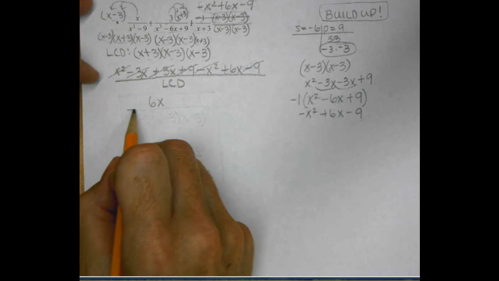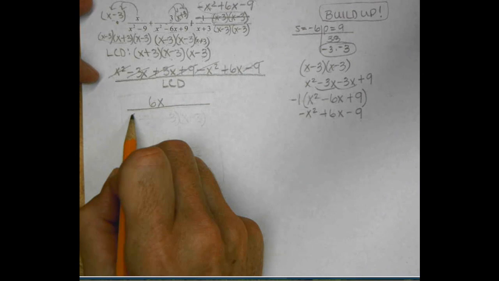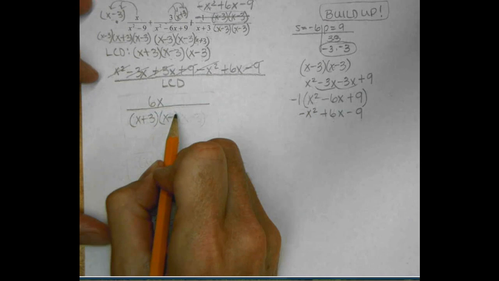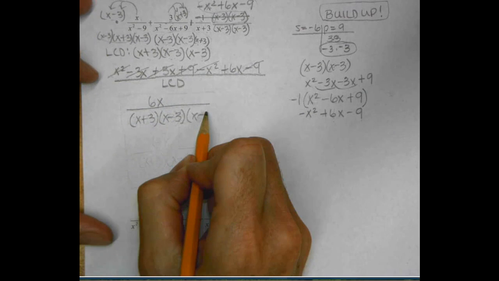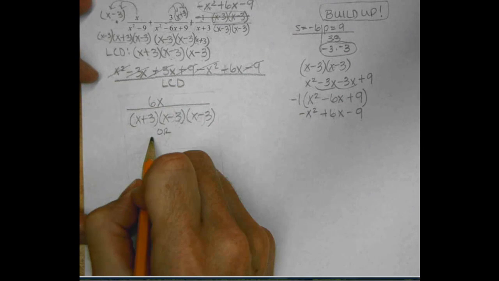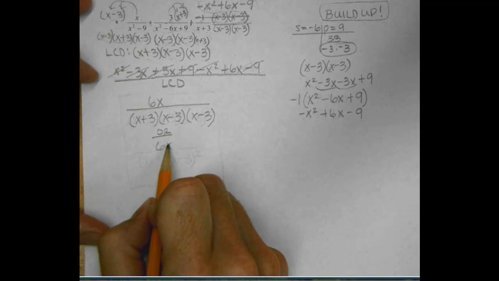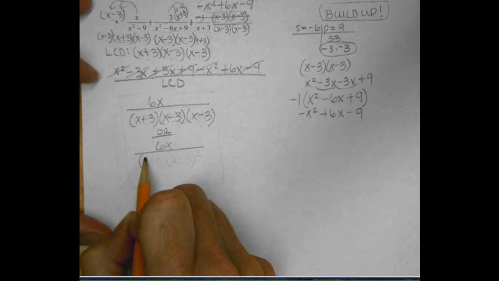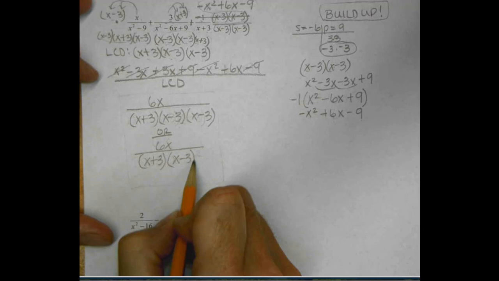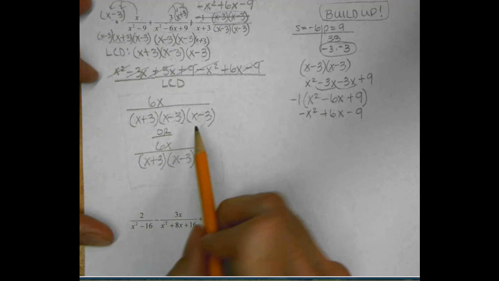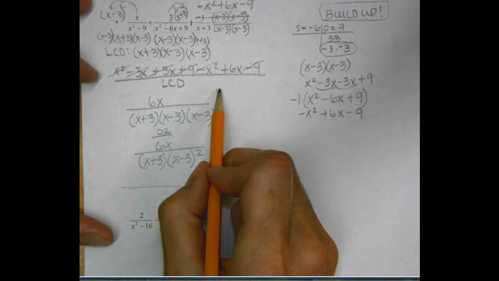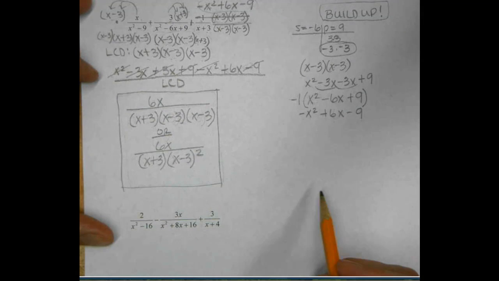So I do need to write 6x over my least common denominator, which is x plus 3, x minus 3, x minus 3. There's one other way that I could write that, and that would be 6x over x plus 3 times the quantity x minus 3, and I can write it as a squared because I do have two of those quantities being multiplied. So either way would work, and there's my answer.